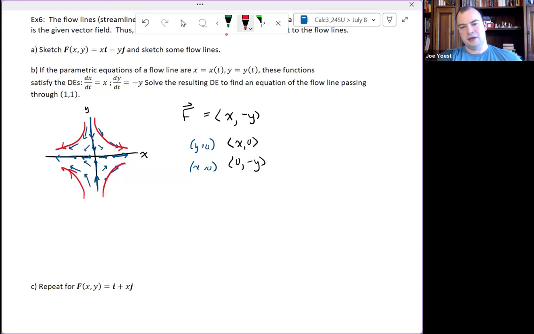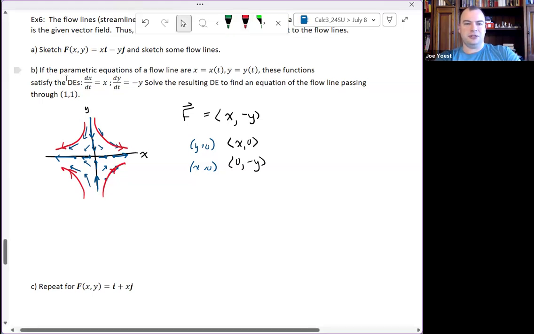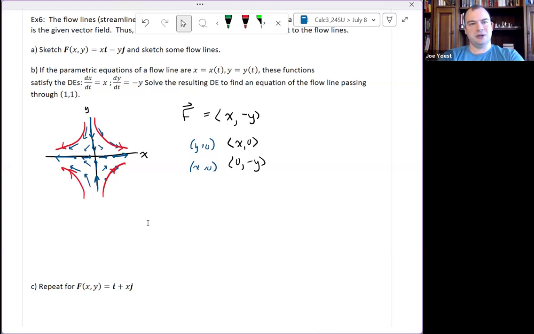As kind of an aside, we're going to interpret this in terms of differential equations. Depending on what you covered in Calc 2, I typically don't cover it in my differential equations section in Calc 2, but if you've taken a differential equations course before, you might have heard of the idea of phase portraits or phase planes or phase space.